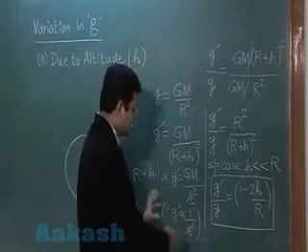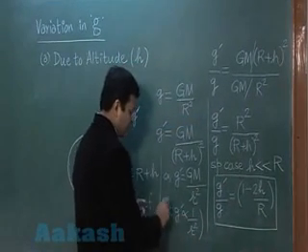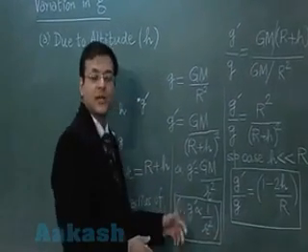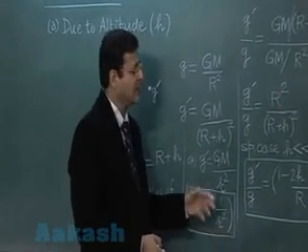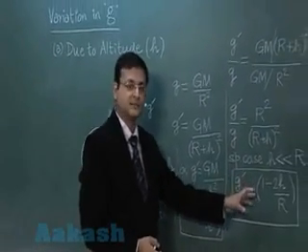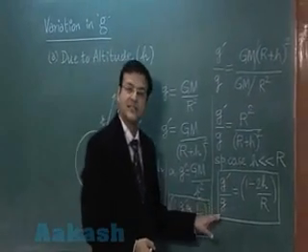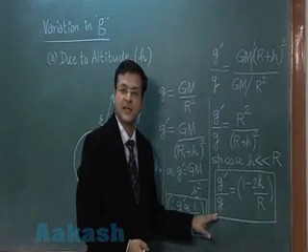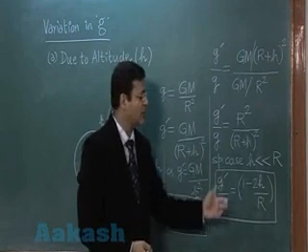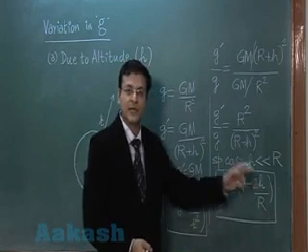Whatever you have written here is a general expression for any value of altitude. But in case the altitude is small, you should use this expression, in which small g is the acceleration on the surface of the earth, and g dash is at some small altitude h.